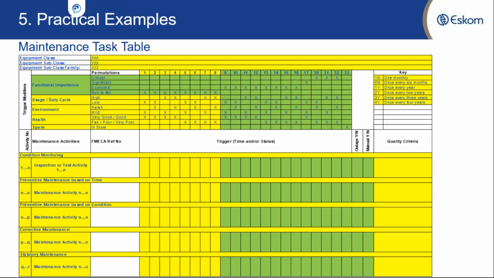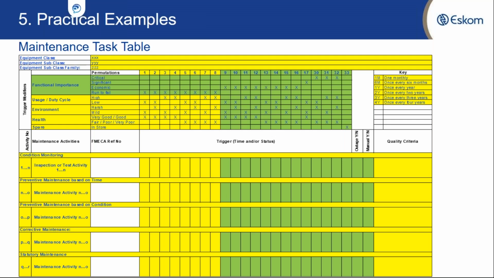So this is what we call the maintenance task table. This is the template that we use to actually capture, or actually merge, the maintenance recommendations with the asset classification elements that we discussed in the previous slide.